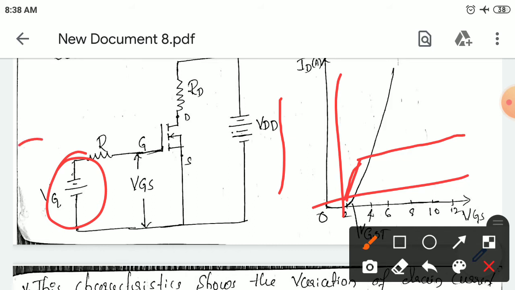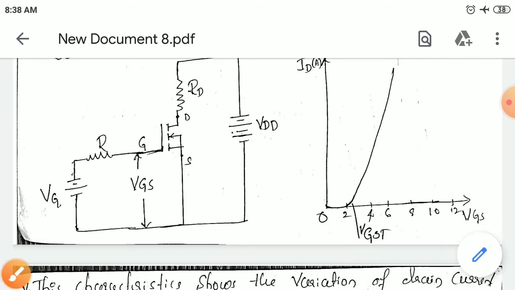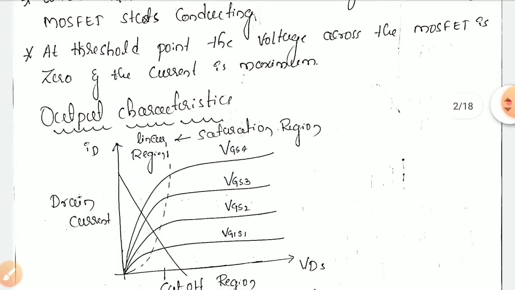If you keep it at 2 volts, the current rises and reaches saturation. If you keep it at 3 volts, it rises and goes to saturation. This is how you keep the input constant and vary the output to plot the output characteristics.